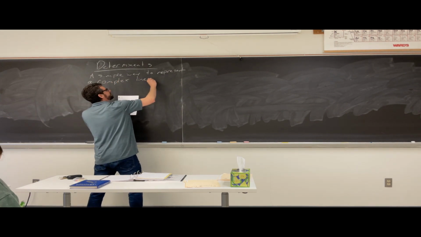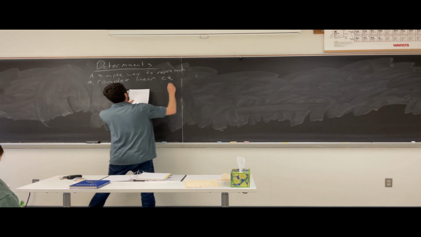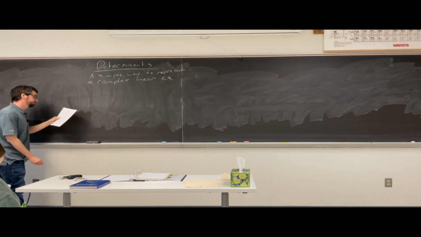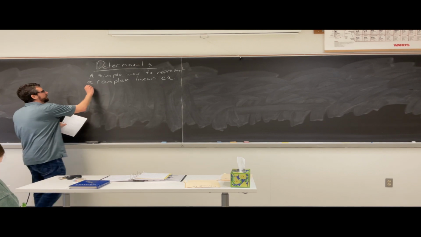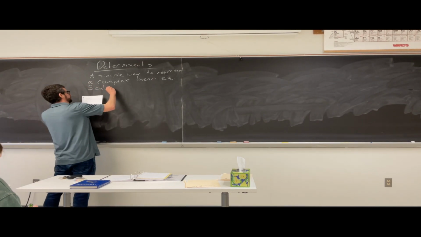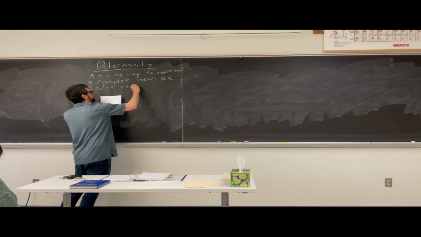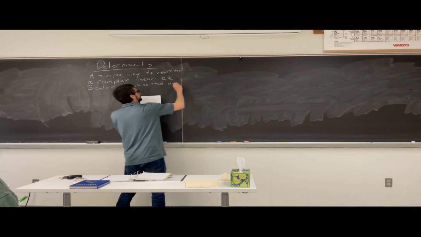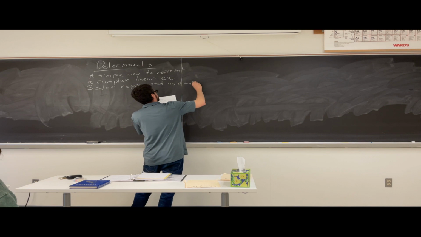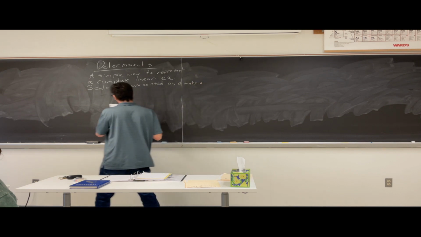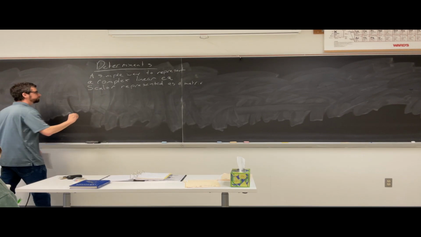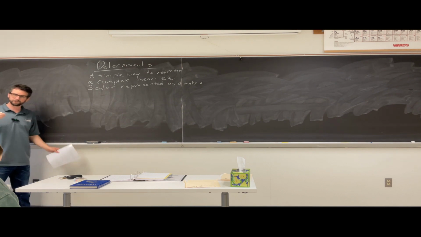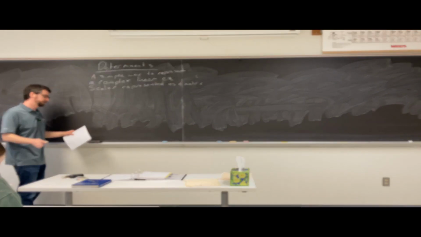Complex linear equation. And it's a scalar that can be represented by a matrix. And they have different dimensions associated with them, right?